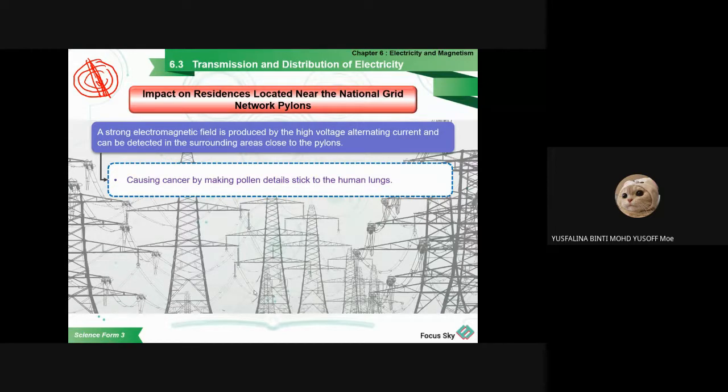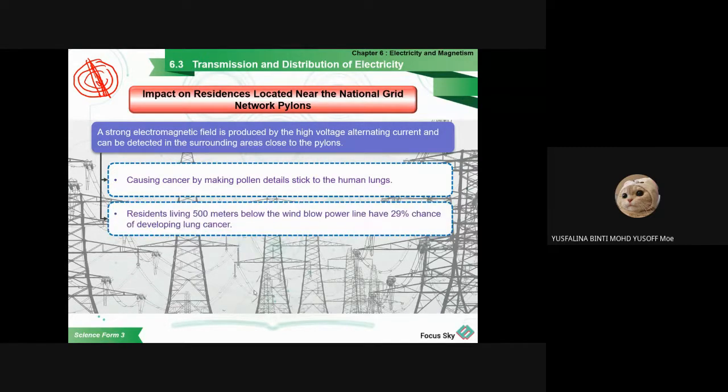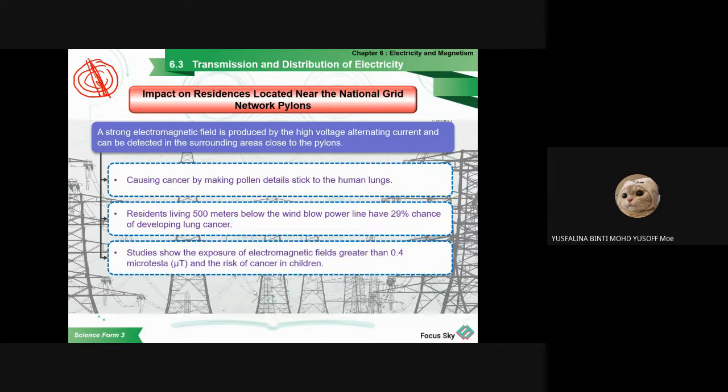Residents living 500 meters below the overhead power line have a 29% chance of developing lung cancer. Another study shows exposure to electromagnetic fields greater than 0.4 microtesla raises the risk of cancer in children.